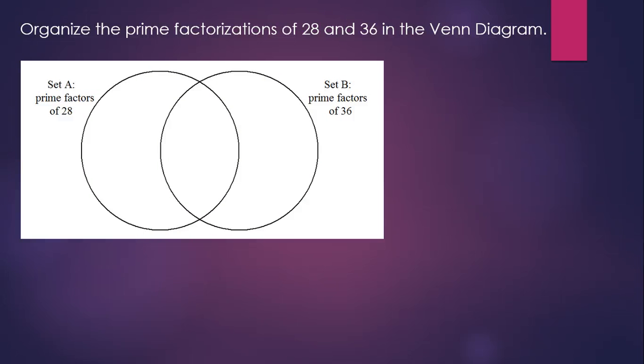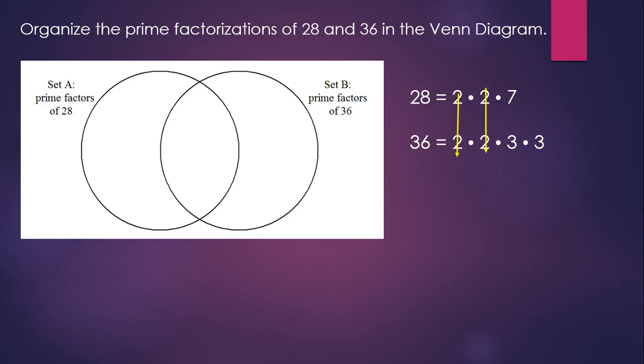Organize the prime factorizations of 28 and 36 in the Venn diagram. So we'll find the prime factorizations of the two numbers. You might want to make a tree diagram to find the prime factorizations.